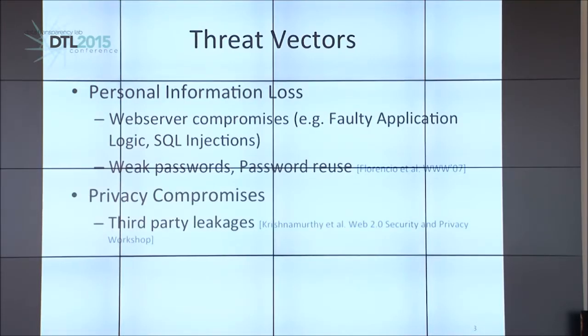Second, privacy compromises can unknowingly occur from first-party web pages when they load third-party advertisements. While doing so, they can unintentionally send some PI fields, personal information fields such as username. And if that username is closely related to your real-life identity, then the third-party ad networks can track and associate your online activities with your real-life identity.